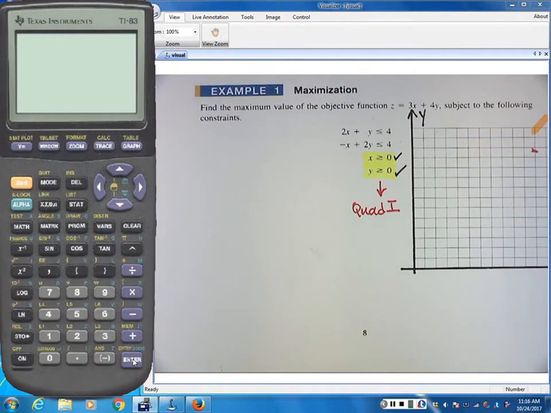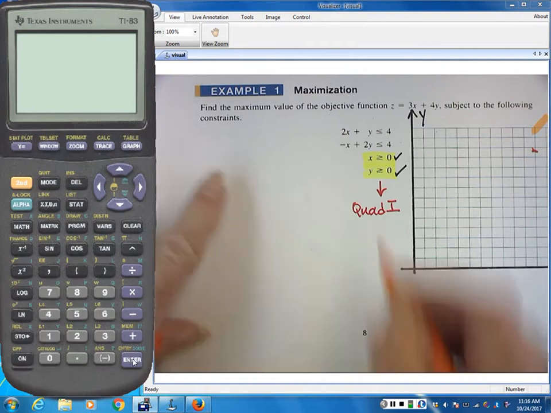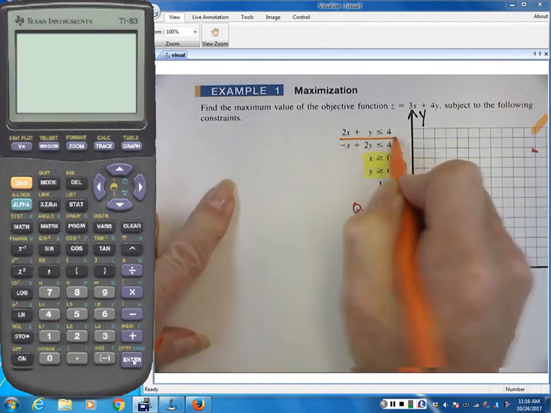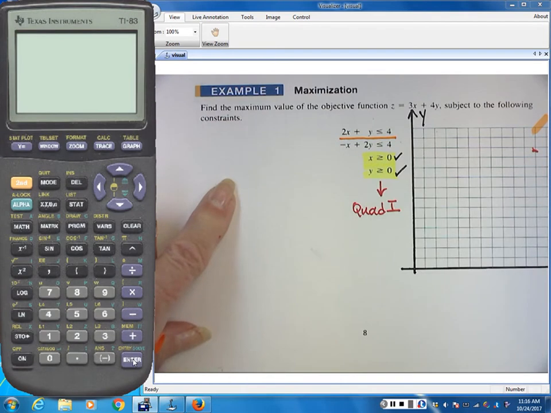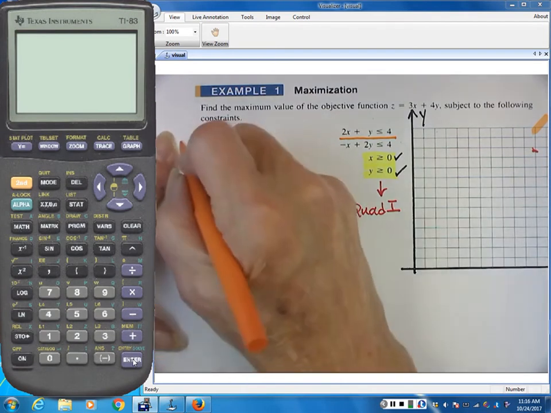Now I need to move to finding boundary values. So I take another constraint. The first constraint is 2x plus y is equal to or less than 4.